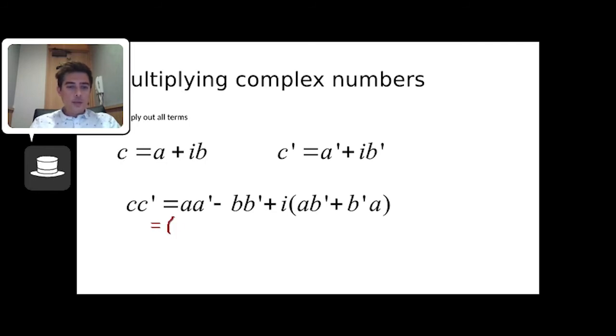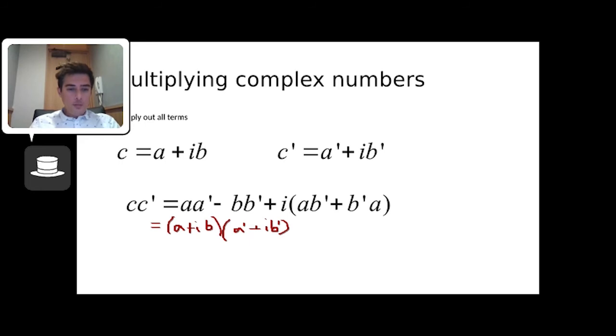If we've got C, then the first one is A plus iB, and the second one is A prime plus i times B prime. What we do is multiply out all four terms, just like you do with normal algebraic variables.